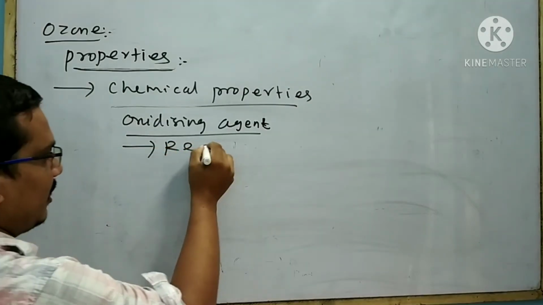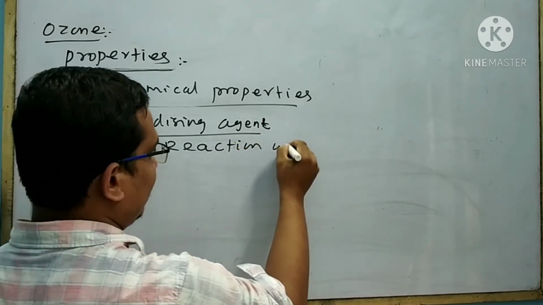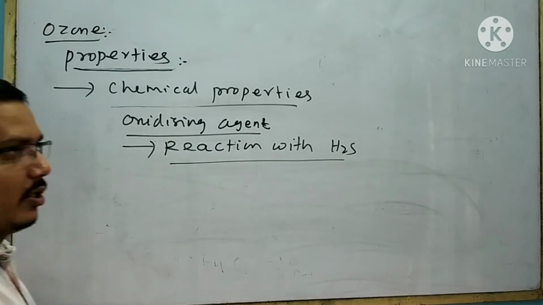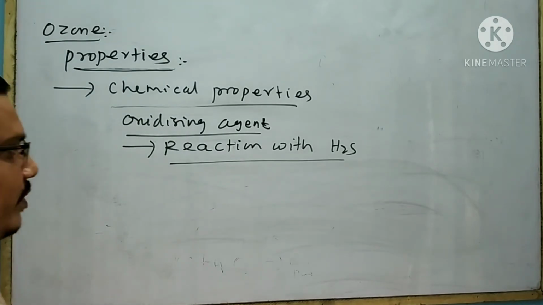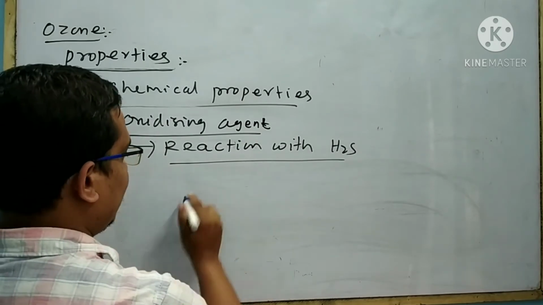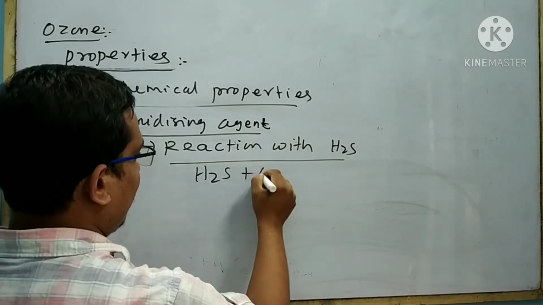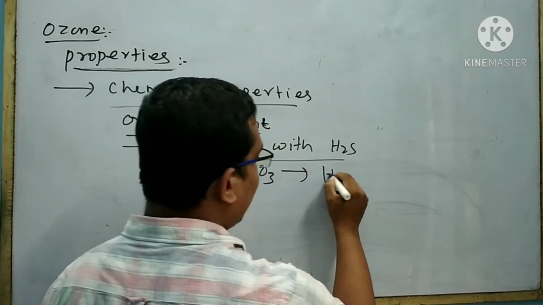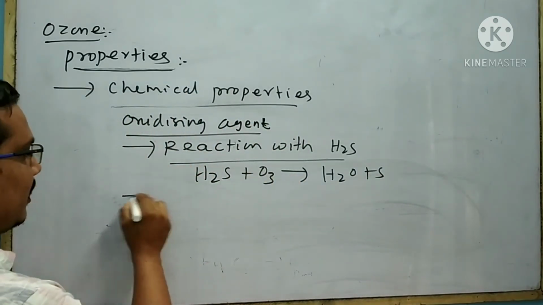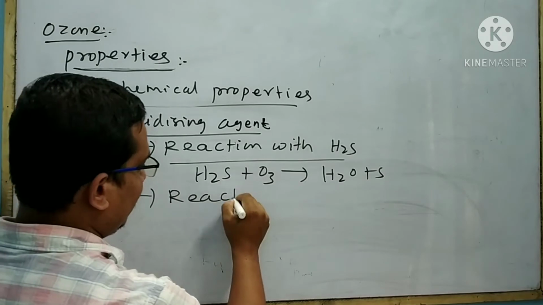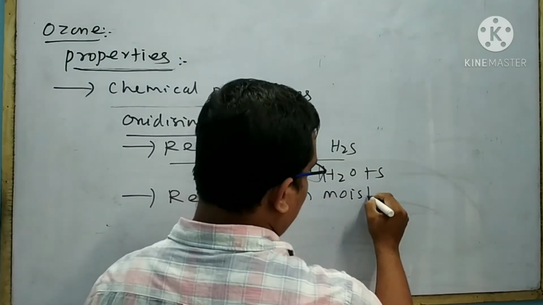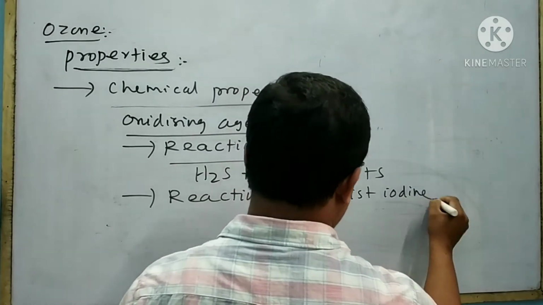Next is reaction with H2S. Ozone can oxidize H2S to sulfur. I can write the reaction like this: H2S plus O3 gives H2O plus sulfur. Next is reaction with moist iodine.